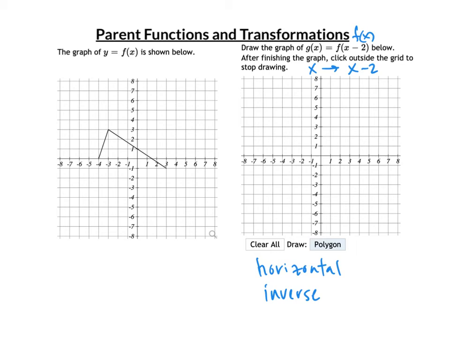So -2 seems like it'd move it to the left 2, but actually this will make everything go 2 to the right. So -4, 0 will become -2, 0. -3, 3 will become -1, 3. And 3, -1 will become 5, -1. Move everything 2 to the right.